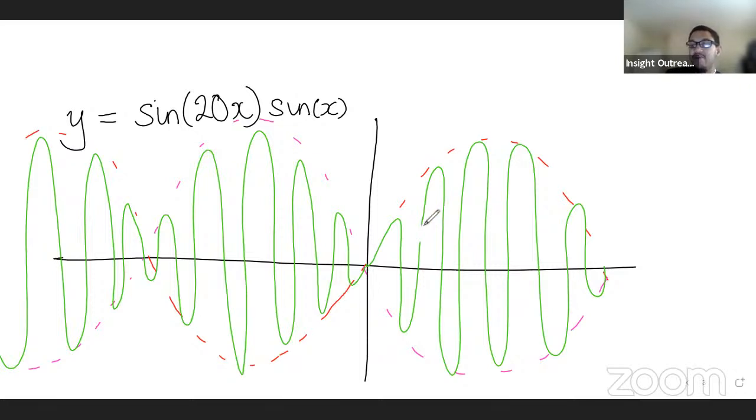So in this case, it was easier to use sine of x as the envelope because it varies less, whereas the other one oscillates very rapidly. It'd be harder. You could try using sine of 20x as the envelope, but you'd find it's really hard to draw sine of x inside that. So it's usually easier to draw the function that's more slowly varying, essentially.